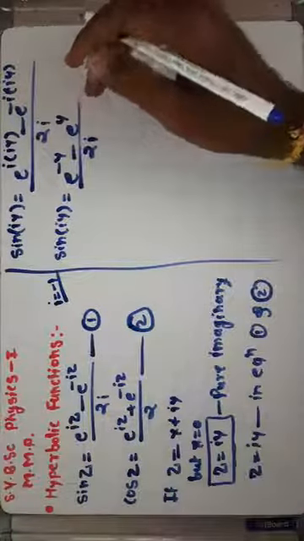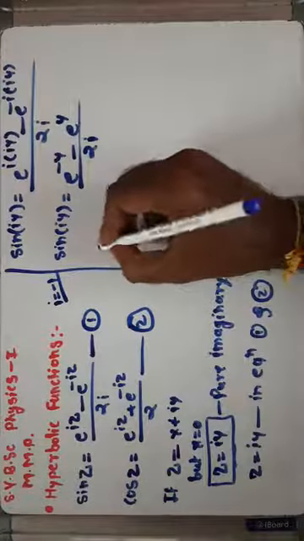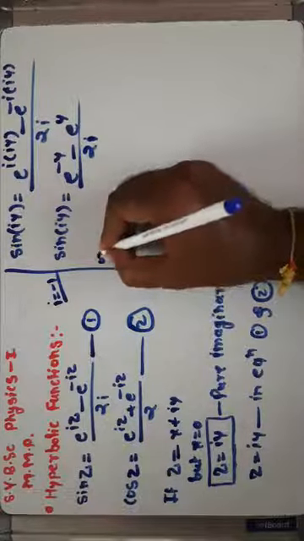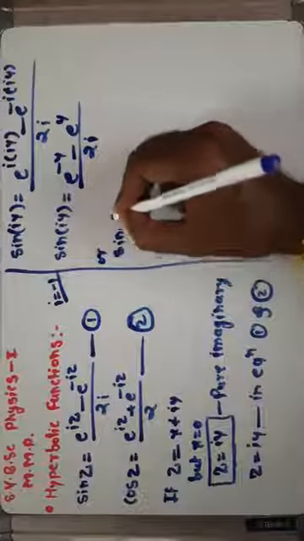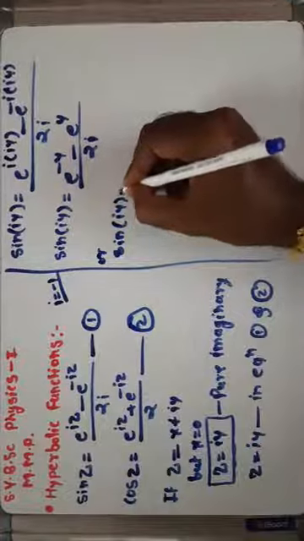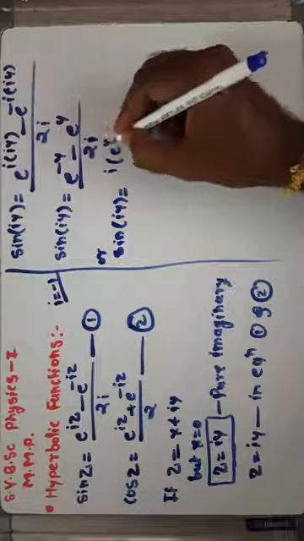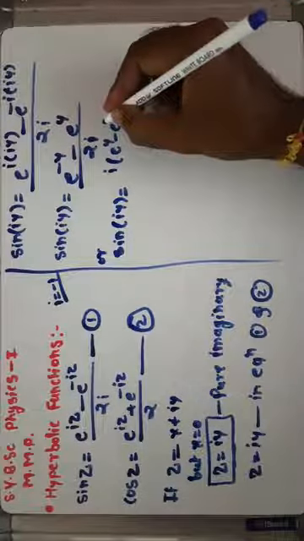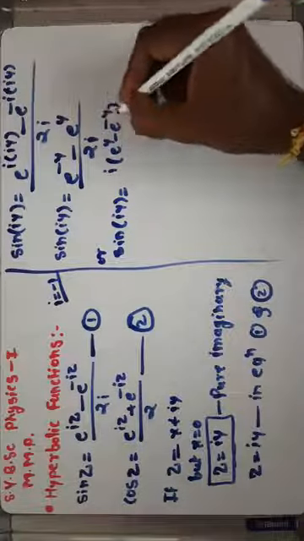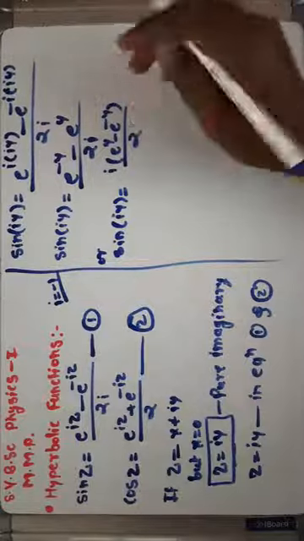We can rearrange, so sin iy is equal to i times e raised to y minus e raised to minus y divided by 2.